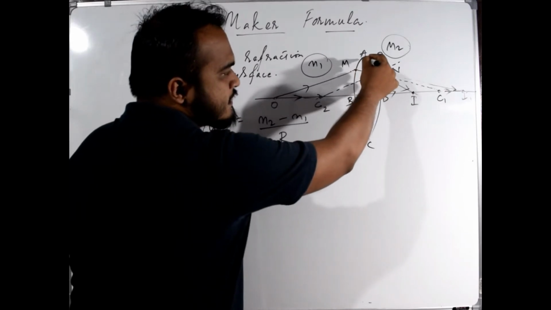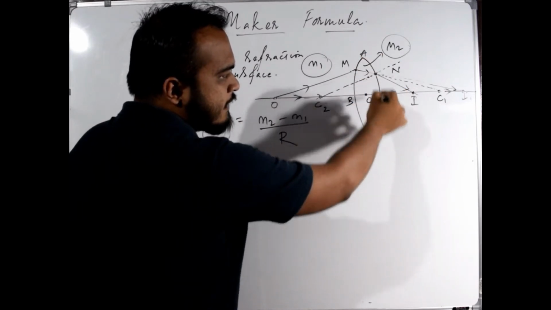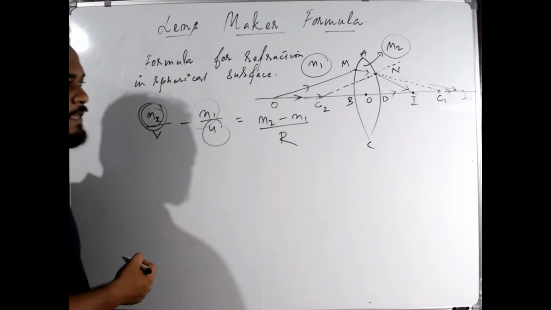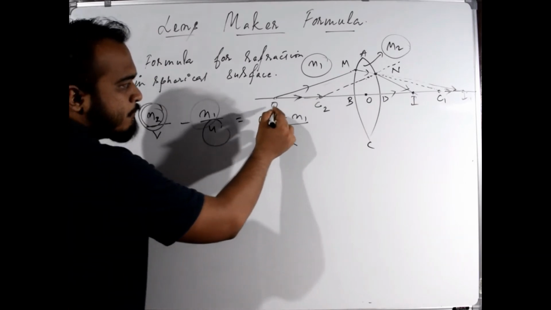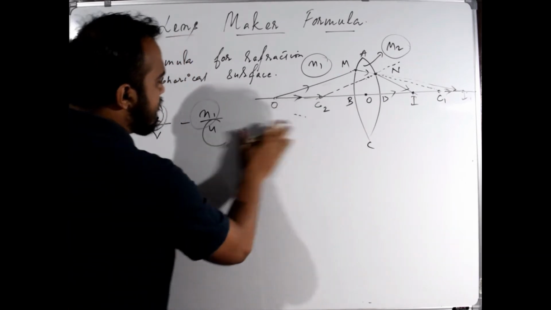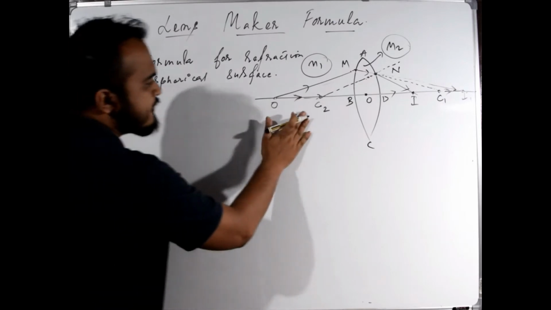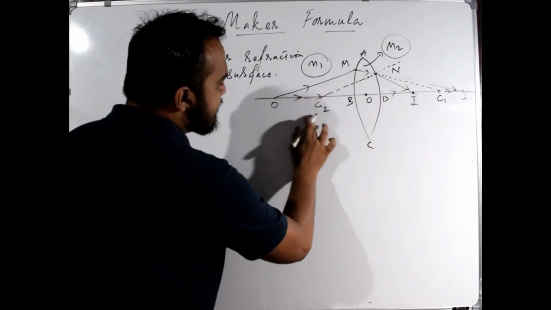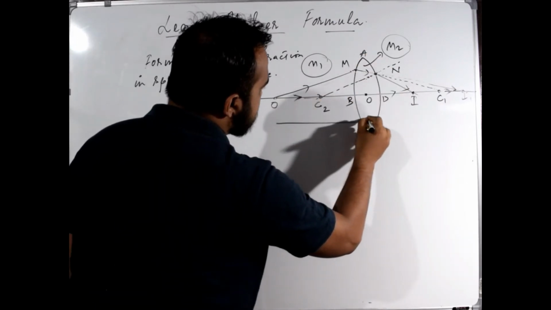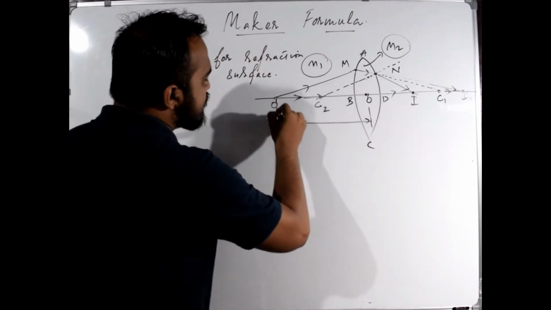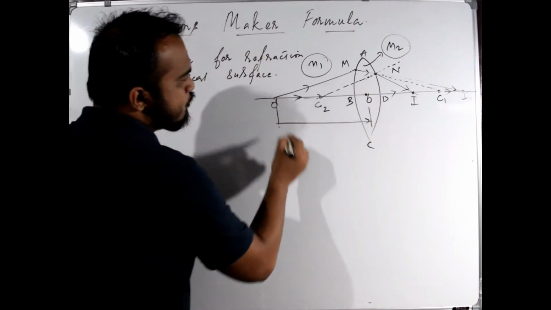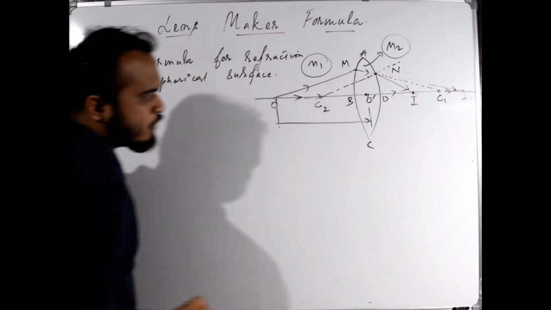Suppose this surface ADC is not present. If the surface ADC is not present, then let us say this point is O dash.